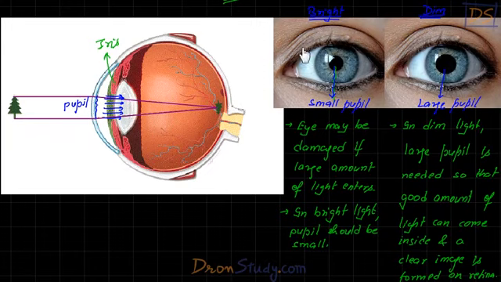So students, I'm sure now you understand why we have a small pupil in bright light and a large pupil in dim light.